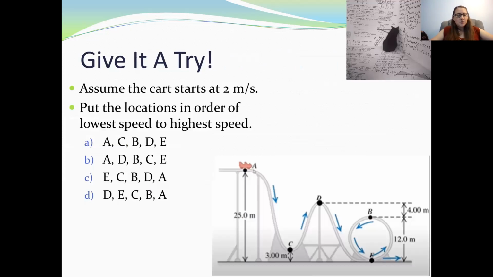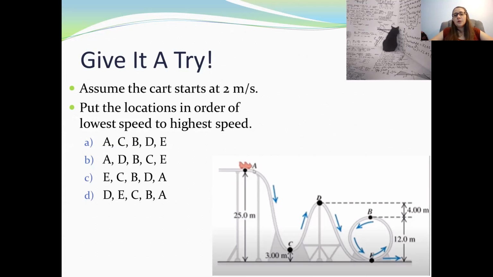All right. So I want you to give these couple problems a try really quickly, just to test your conceptual understanding of energy and conservation of energy. Here's a roller coaster. We're going to assume that this cart starts at 2 meters per second, right, so that's its initial speed.